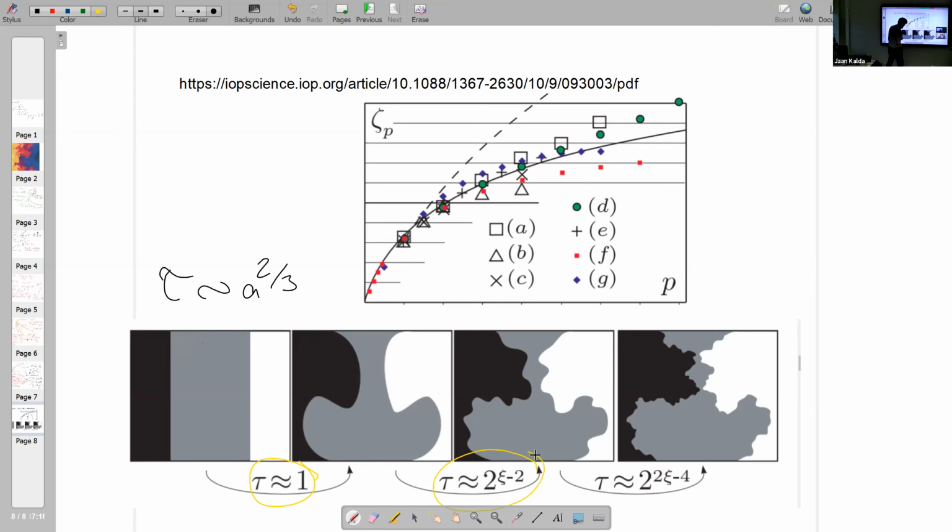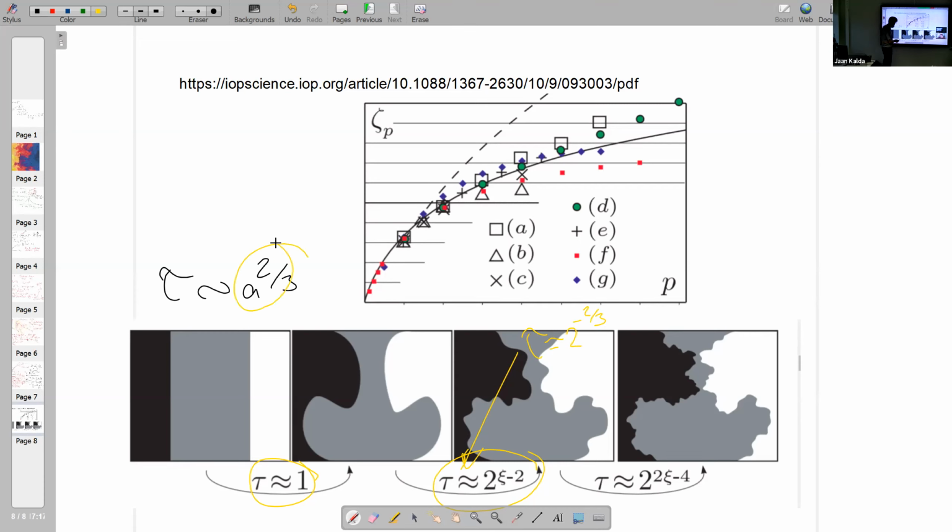In this paper, I had a more general case, not only Kolmogorov turbulence, but arbitrary scaling. Here, psi is 4/3. Tau is around 2 to the power of minus 2/3, because it goes like scale to the power of 2/3.